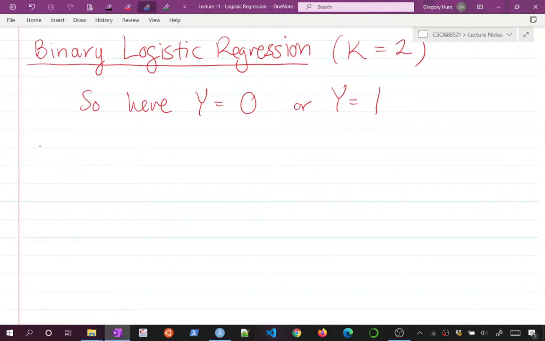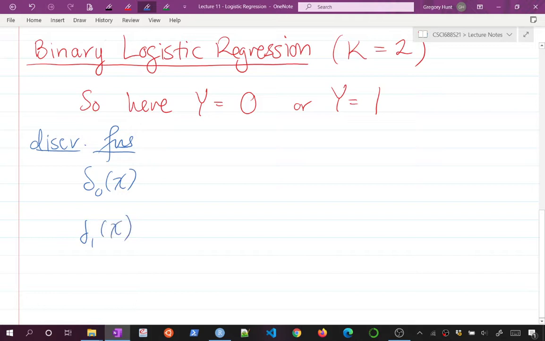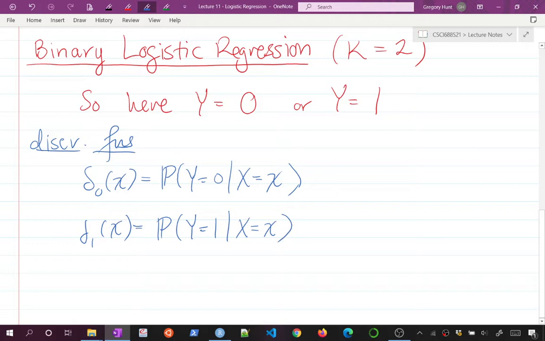And our discriminant functions, we'll have two of them, right? So if I generically say my discriminant function for class 0 is delta 0, and my discriminant function for class 1 is delta 1, delta 0 is going to be the probability that y is 0 given whatever x I've got in hand. And similarly, delta 1 is the probability that y is in class 1 given the data I've observed.